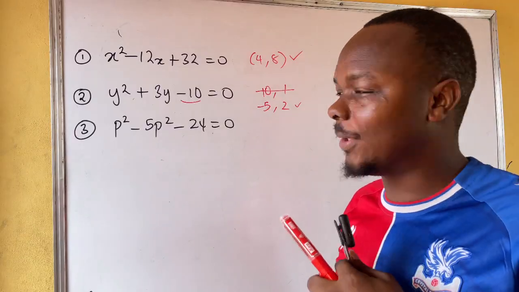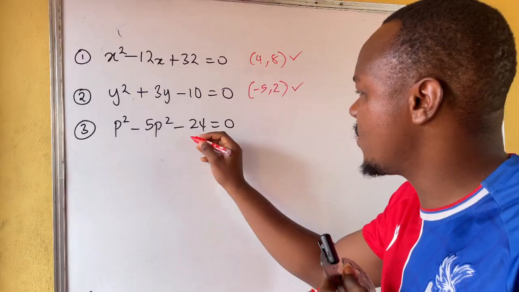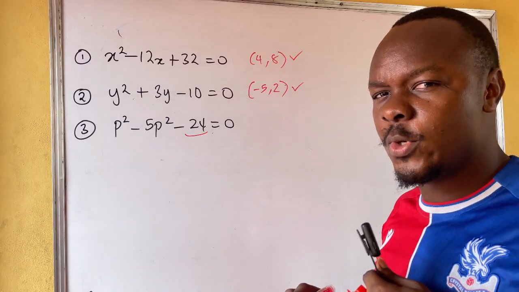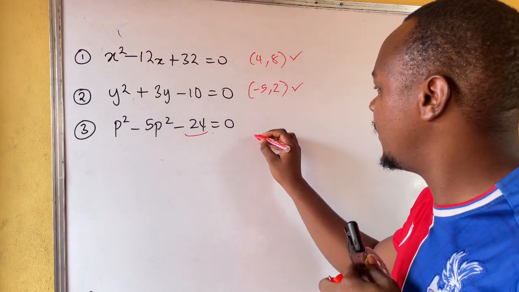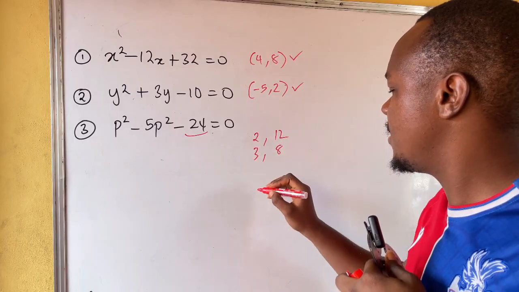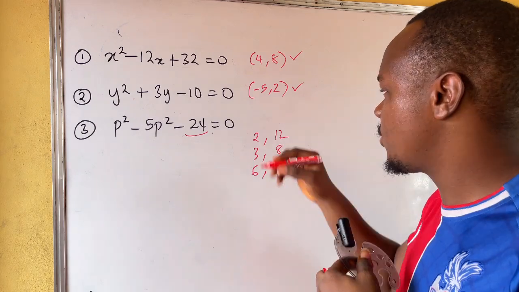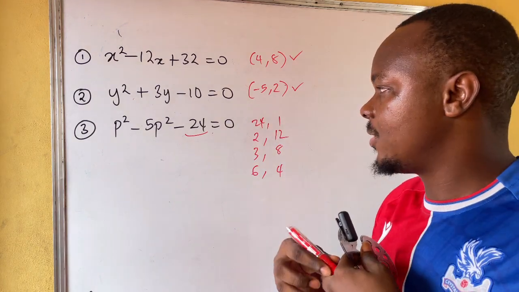All right, the third one now. Now for this third example, again, we go to the constant term. What two numbers can give us 24 when we multiply? We have 2 and 12. We have 3 and 8. We have 6 and we have 4. Okay, I ignore 24 and 1 because it's not going to give us 5.